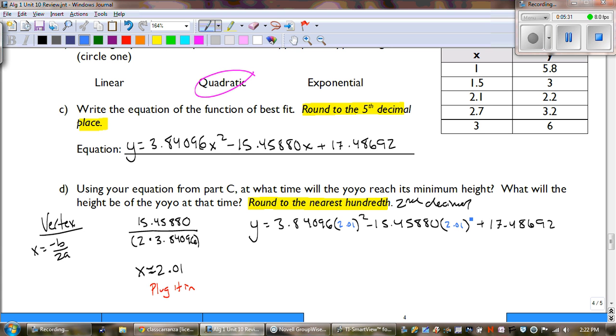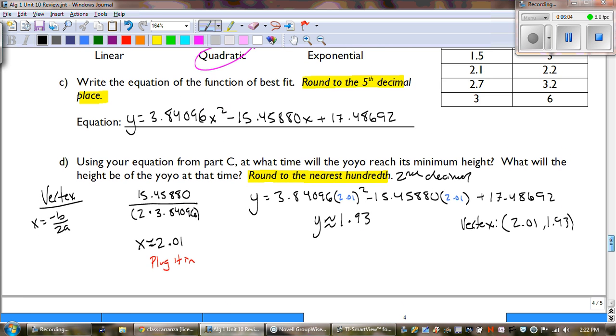Go ahead and pause the video, plug it in, and see what you get. You should have got that y equals 1.93. Okay? So if it asks you for the point, the vertex would just be that point of 2.01 and 1.93.